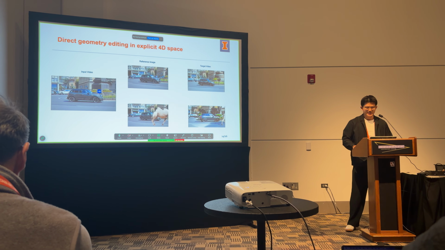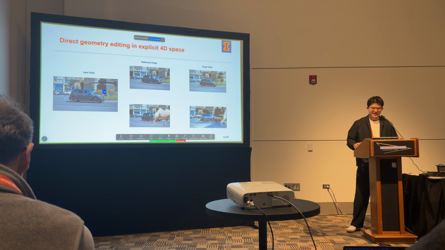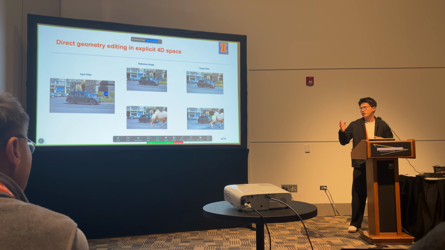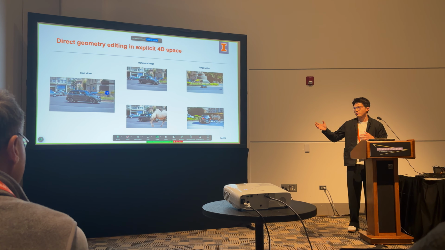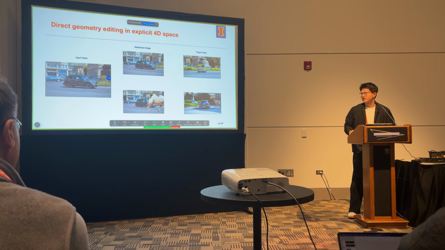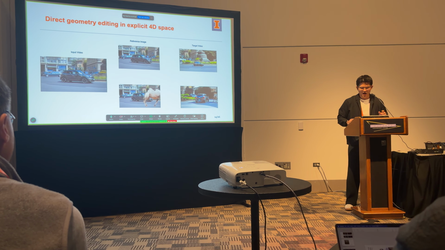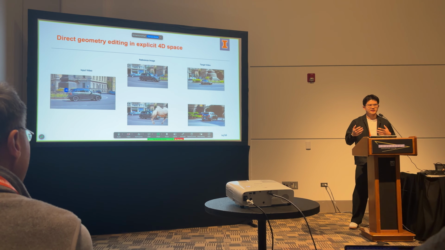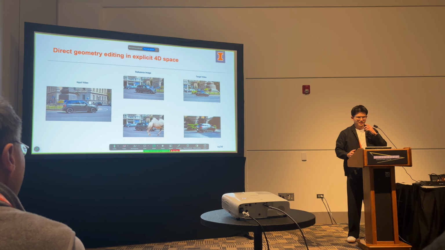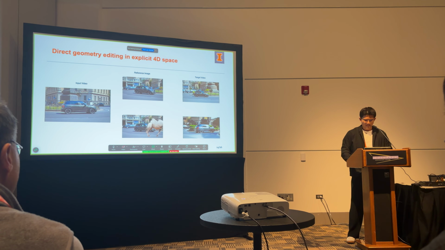Because the representation is explicit and point-based, we can directly manipulate the underlying 4D structure. For example, making the car smaller, or even combining a camel with the BMW Mini car, which is hard. This kind of effect is really hard for learnable or data-driven methods.